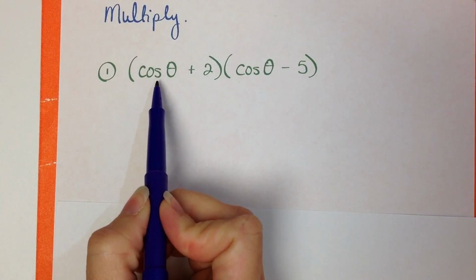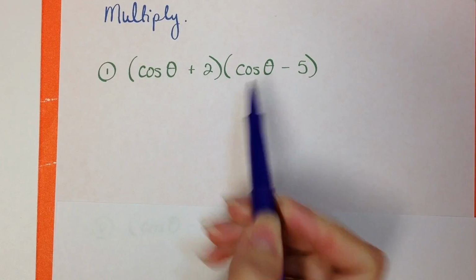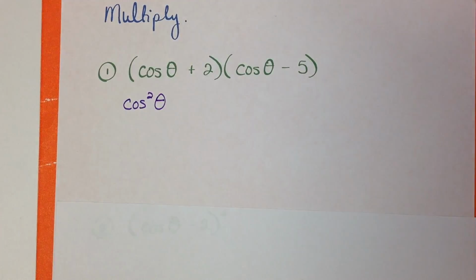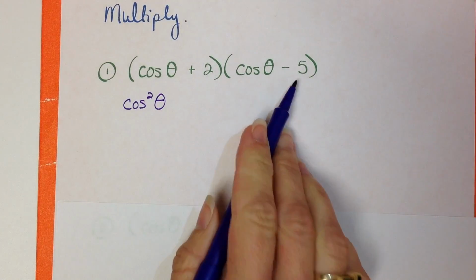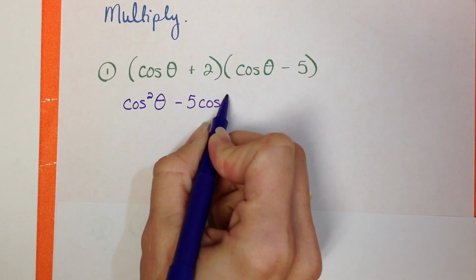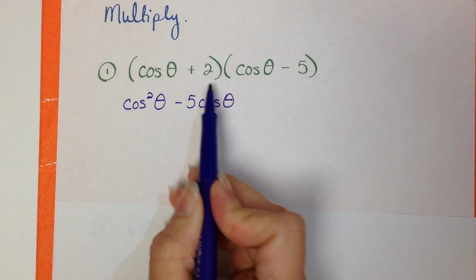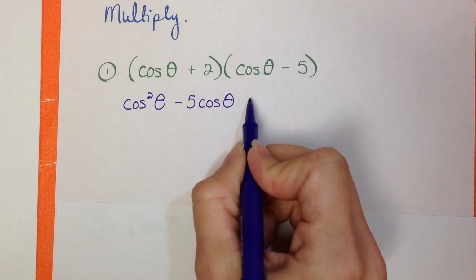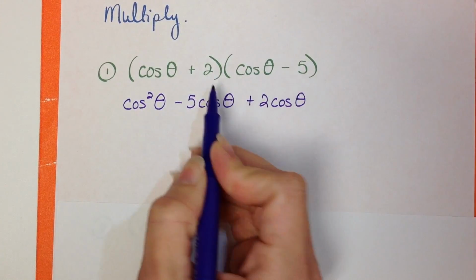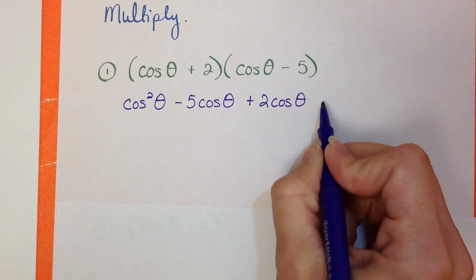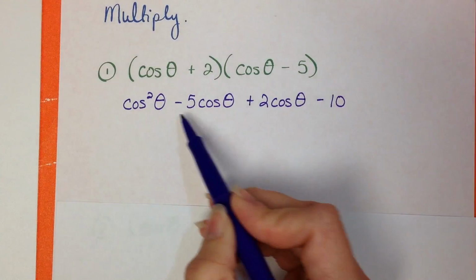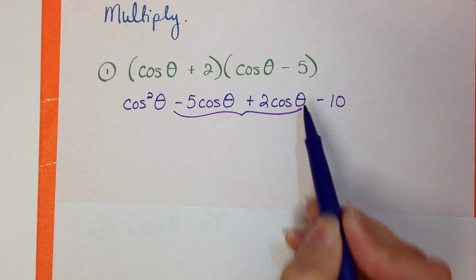So starting with your first term, I have cosine times cosine. So that's going to give me cosine squared. And then I have cosine times negative 5. And now I have positive 2 times cosine. And positive 2 times negative 5 is negative 10. Now I can combine the 2 terms in the middle together.